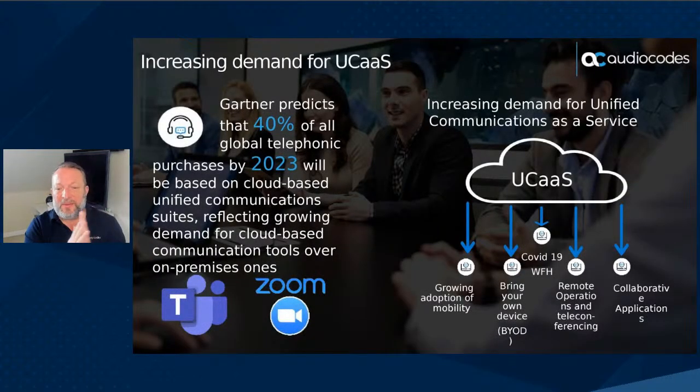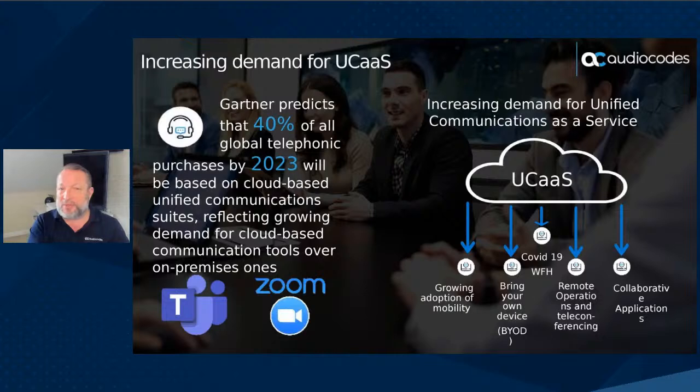From the numbers that we're seeing, there is huge demand for UC as a service. The drivers for change are really clear. The global pandemic really illustrated the benefits that unified communications as a service brought to many organizations.